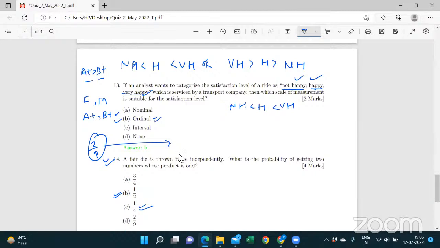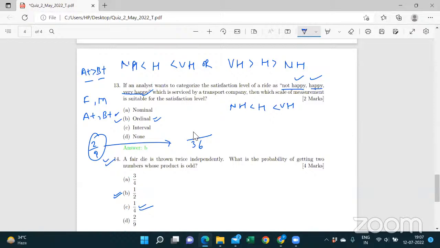Actually, sir, we throw the dice twice. So the total sample space is 36. And the probability of getting 2 numbers whose product is odd. So I thought 1, 1 and 1, 3, 3, 1 and 1, 5, like that I did, sir.